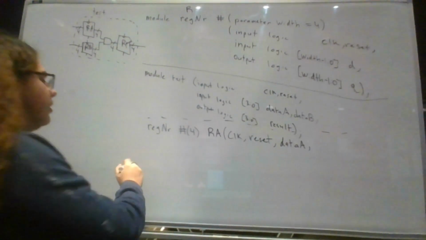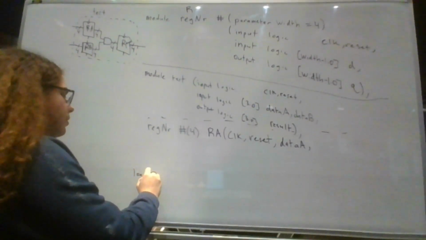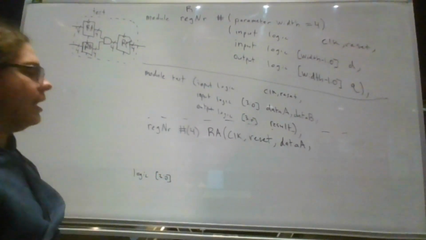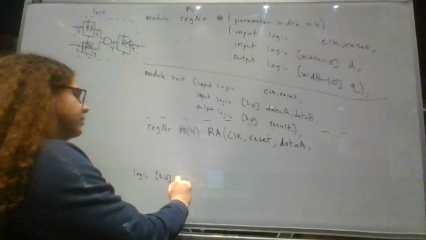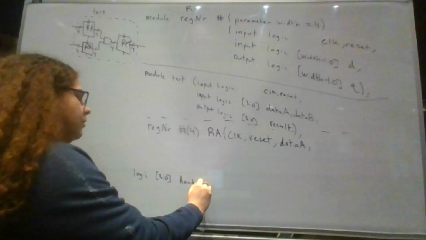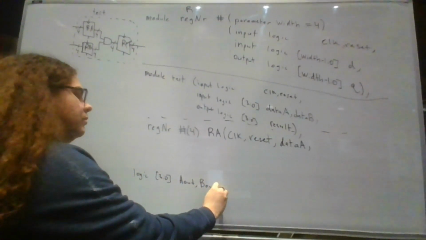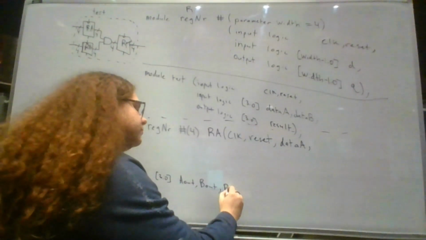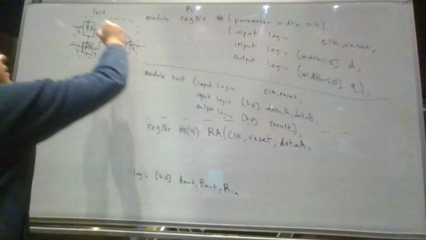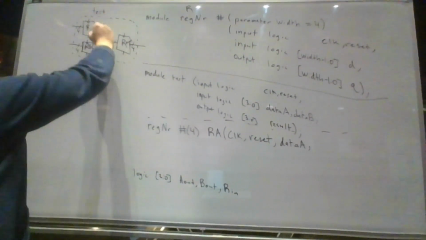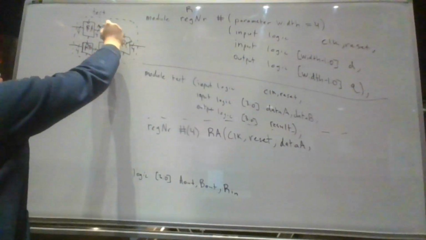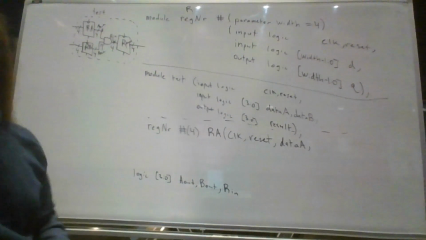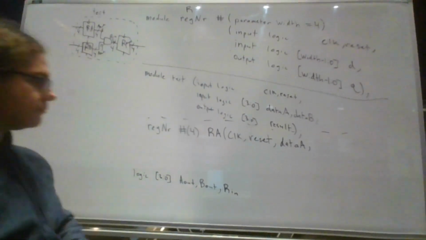I'll call them logic 3 to 0, and I'll call this one A out, B out, and this one RN, just to give them names. That's just the names of those wires. It doesn't really matter what you name them.